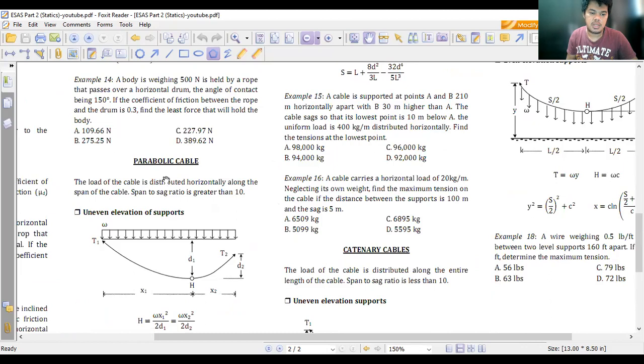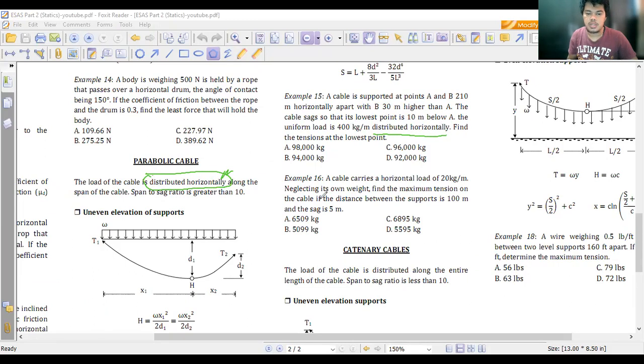But for parabolic cable, one of the hints that gives you an idea if the problem is about parabolic cable is the word distributed horizontally. From time to time, it will be given in the problem, for example in number 15, you have there distributed horizontally that makes this problem a parabolic cable.